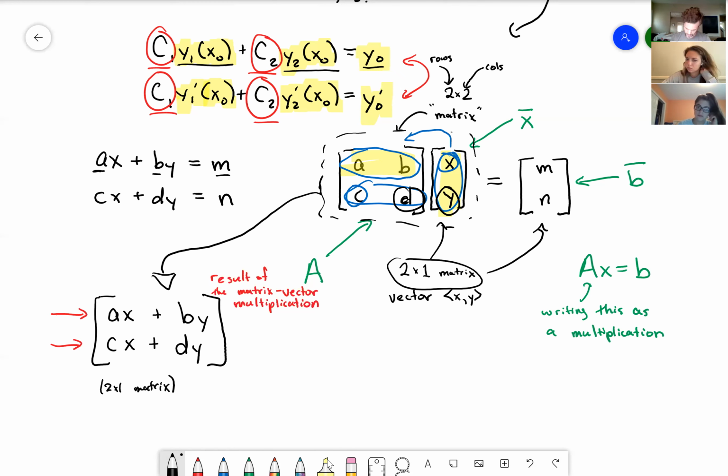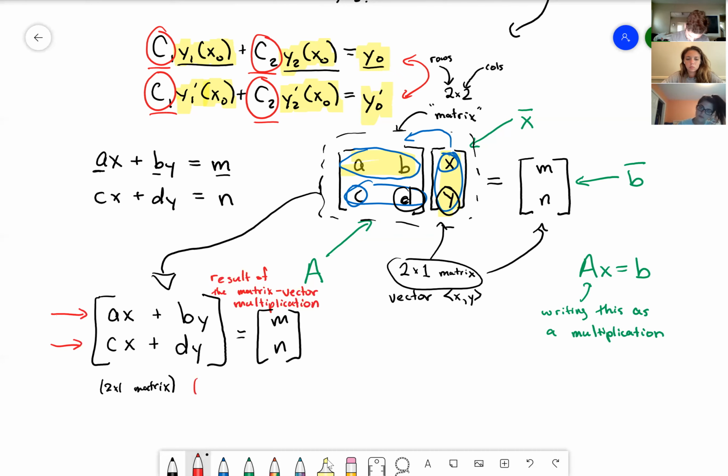Okay. So we have this thing, the left-hand side, that's the result of the multiplication, being equal to the right-hand side. The right-hand side was m, n. So these are two 2x1 matrices, and we think of these as being two vectors that are equal to each other.